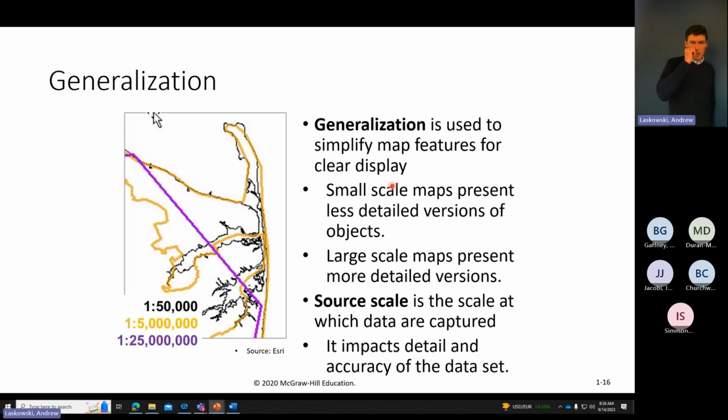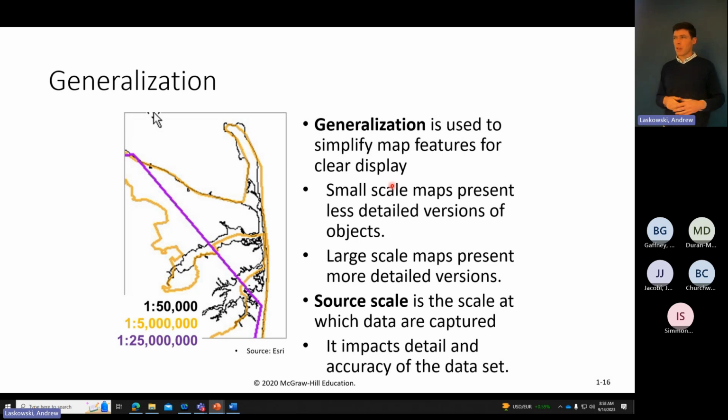Okay, so I mentioned this concept of generalization, and generalization is something we do in a GIS to make a data set more manageable. If we're showing a really broad area, but we're using the most detailed geographic lines possible, you're going to end up with really large file sizes and maps that are slow to load.